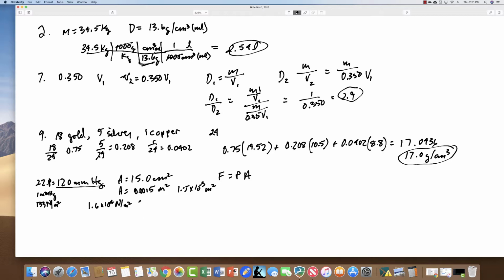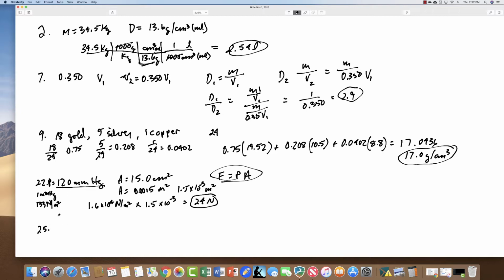And if you multiply that by your area, consistent with this formula, 1.5 times 10 to the minus 3, you get a value of 24 newtons as the effective force in the heart to generate this pressure.